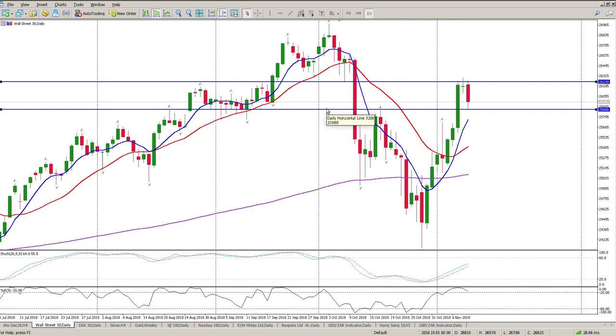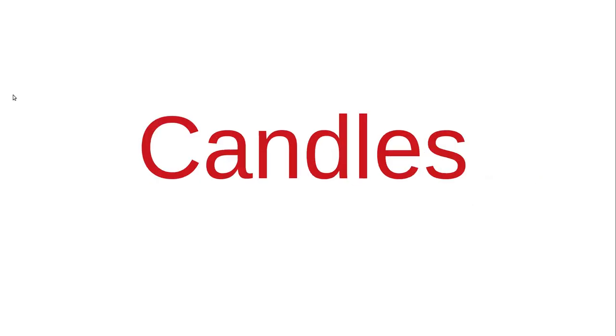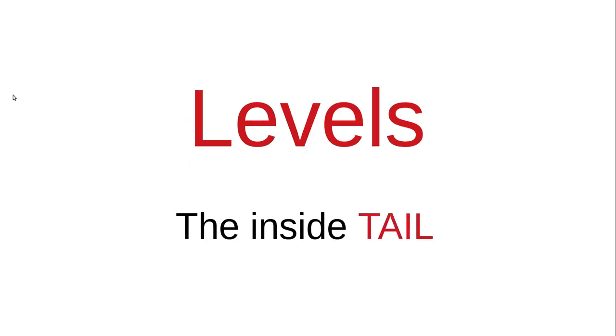Now, levels are so important, and we're going to start looking at entries and how we get in and out of these trades. So let's do a quick summary. We've looked at the candles, we've set up the charts, we've looked at levels or the inside tail.